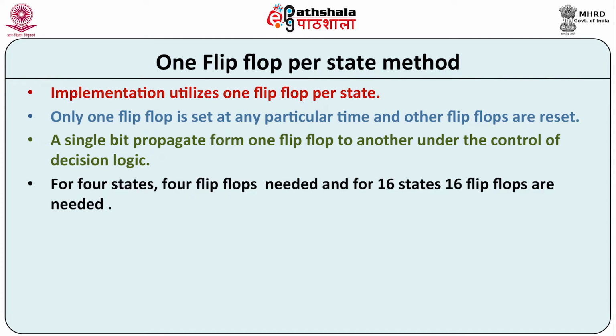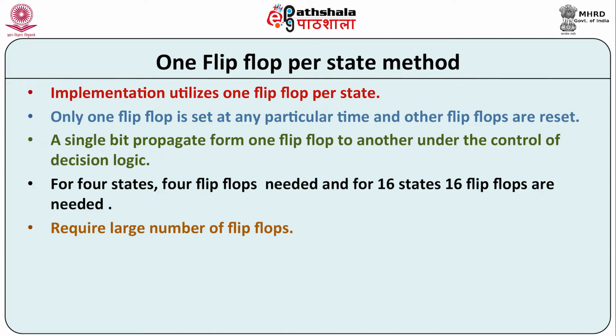In such an array, each flip-flop represents a state and is activated only when the control bit is transferred to it. In this method, for 4 states there is a need of 4 flip-flops, and for 16 states there is a need of 16 flip-flops. This indicates this method requires large number of flip-flops.